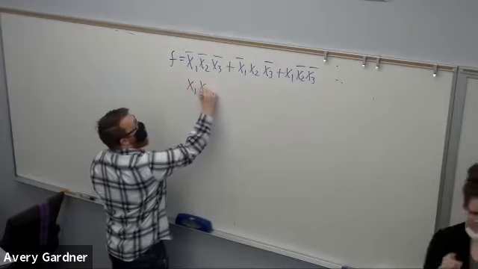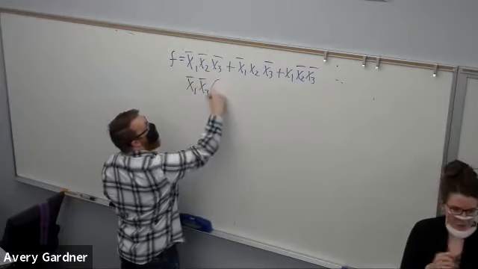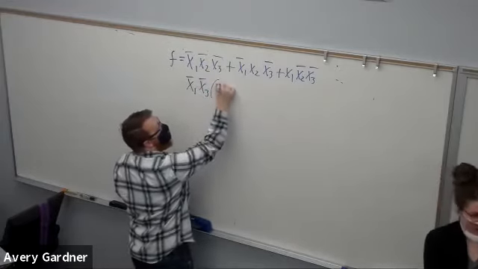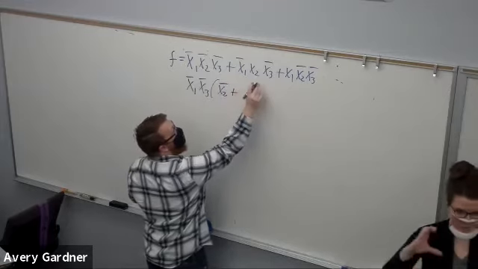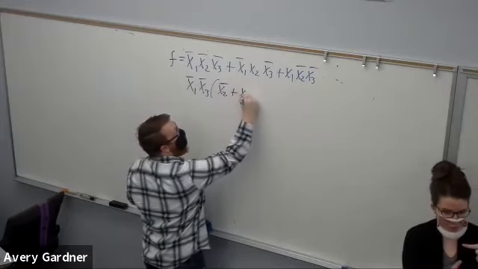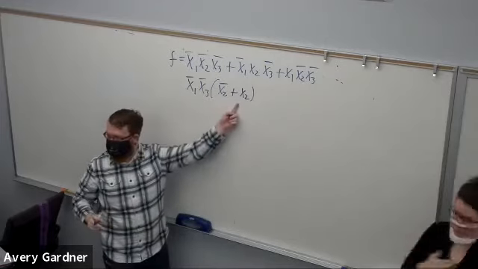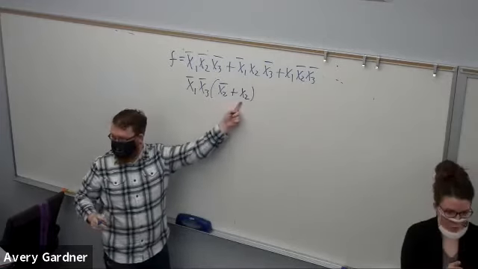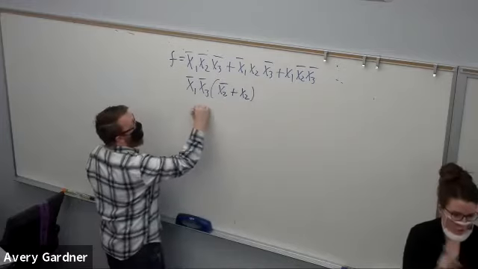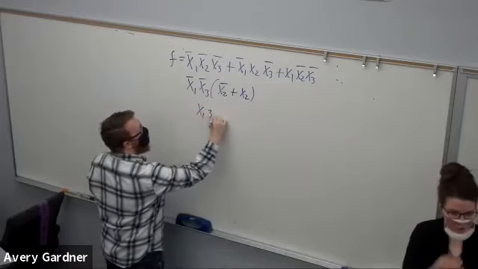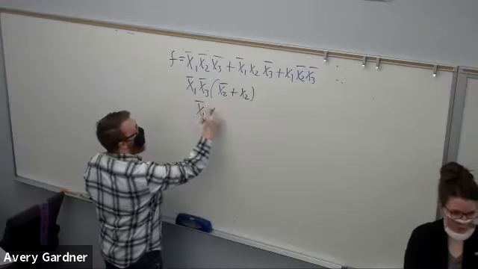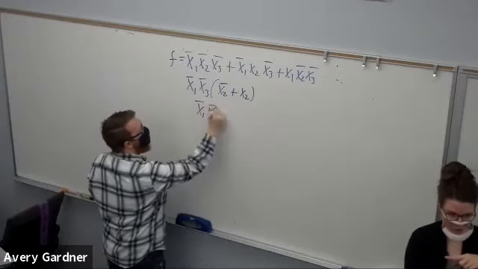I just take out the x1, x3 bars, and I end up with x2 bar or x2, which, as we know, is always true. One or the other has to be true, right? So it simplifies down to x1 bar, x3 bar.